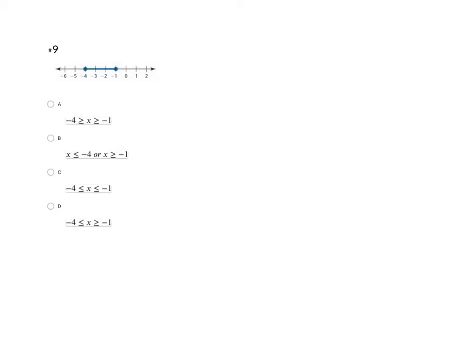Alright, as we look at number 9, we can tell that this is an and. At -4, we've got a closed circle going in this direction. You would write that as x greater than or equal to -4. And at -1, you have a shaded in circle going in that direction.